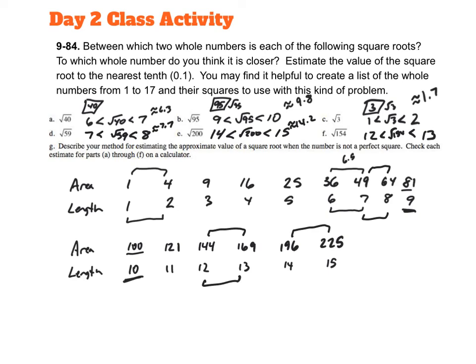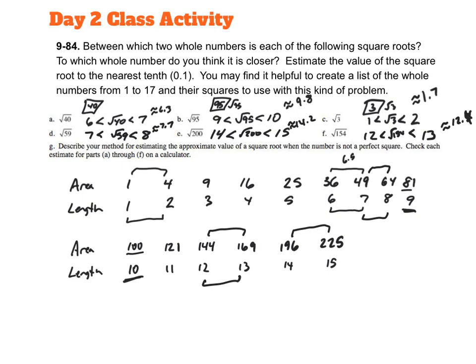So it is closer to 12 than it is 13. So I'm going to maybe make a guess here and say 12.3. We'll see how I do here. 12.3 squared. 151, not bad. Let's check out 12.4 squared. 153.76, that's a little bit better, so I'm going to make that 12.4 instead of 12.3.